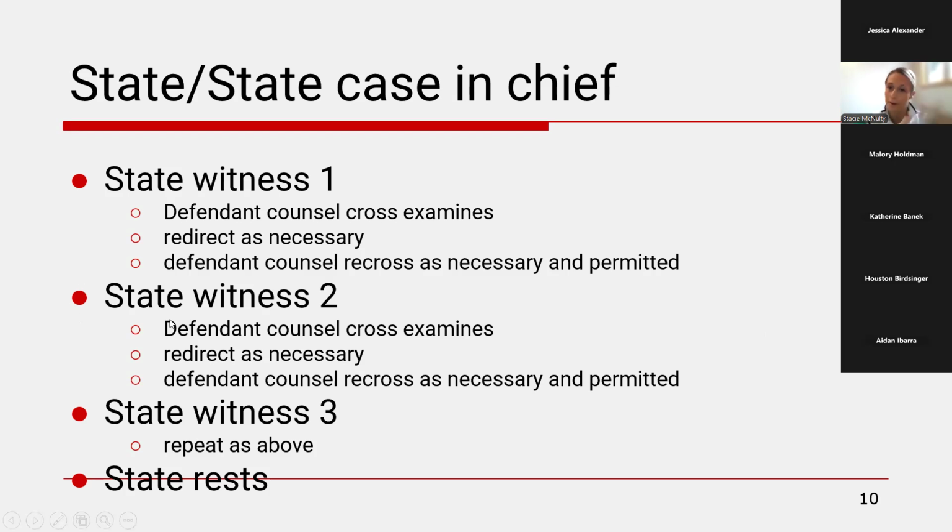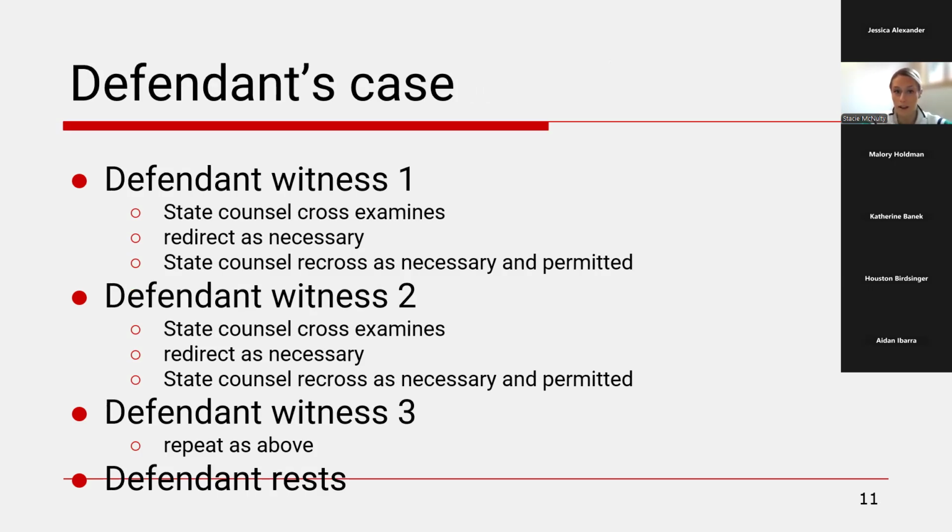Okay, so then after all the witnesses are presented, the state will rest. Their case in chief has concluded. So they say the state rests, then it's the defendant's turn. The defendant puts on each of their witnesses. It's the same kind of process where the defendant is going to call one attorney for each witness. So the defendant will call their witness, tell your side of the story, get out the evidence and the testimony that you need to establish these elements.